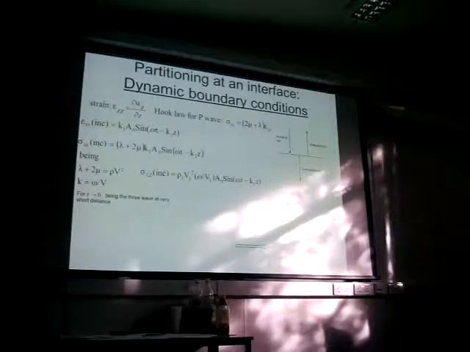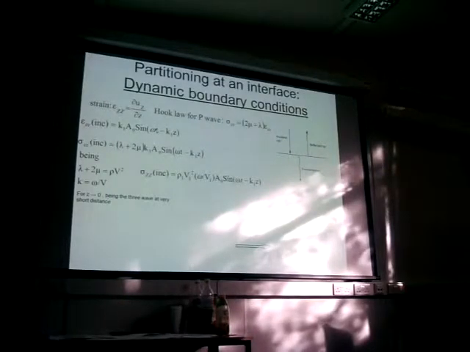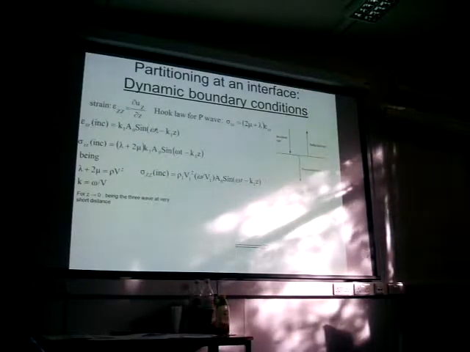If you square it, v squared is lambda plus twice mu divided by rho. Rho goes to the other side, so rho multiplied by v squared is nothing else than the two elastic parameters.